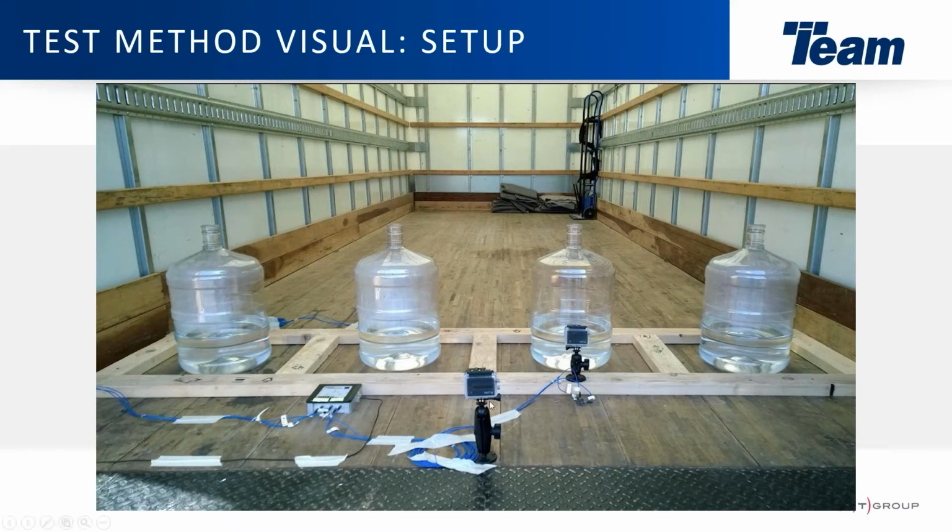Now you'll notice there's 2 GoPro video cameras, one of them producing a wider angle showing all of the water jugs and how everything in the back of the truck is behaving, and a close-up view of this third water jug from left to right over here. So this is just a general test setup for collecting field data.